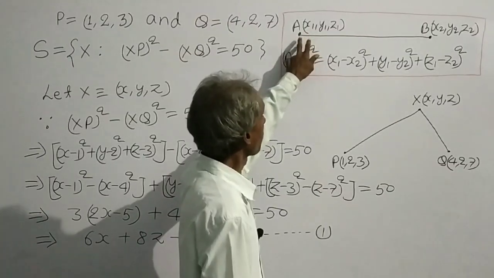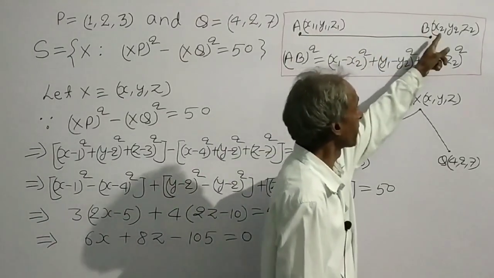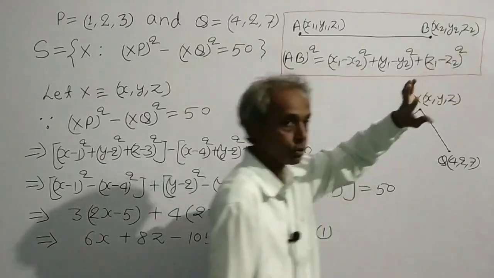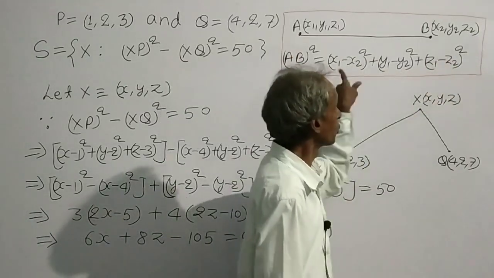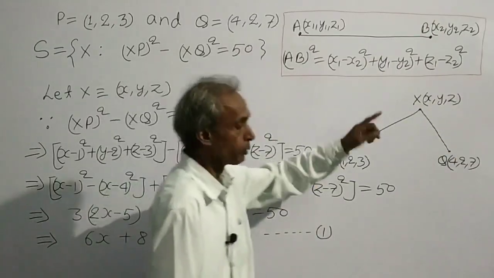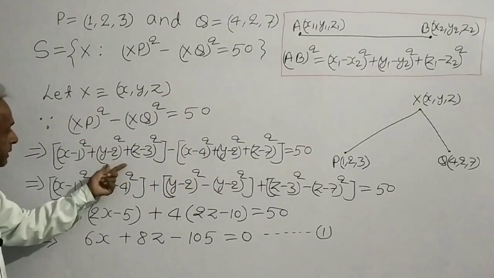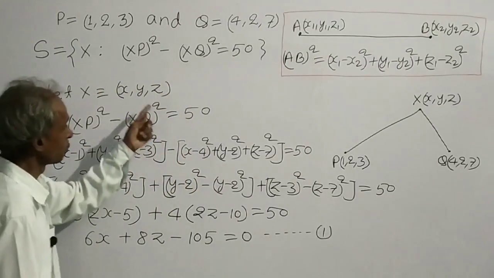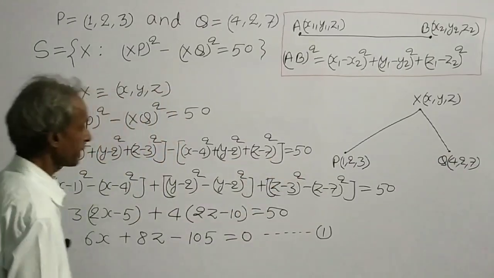If the coordinate of point A is (x1, y1, z1) and the coordinate of point B is (x2, y2, z2), then AB square will be equal to this. By applying this formula, we will write XP square plus XQ square is equal to 50.